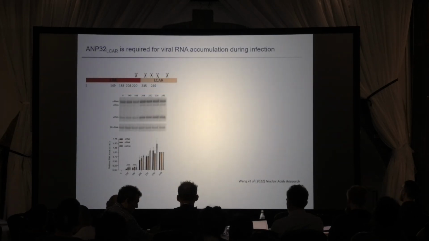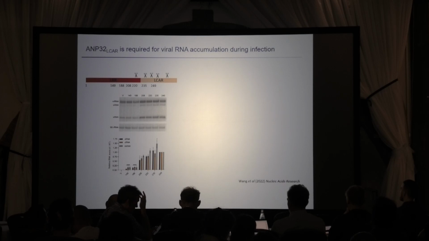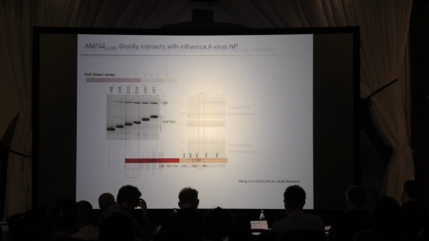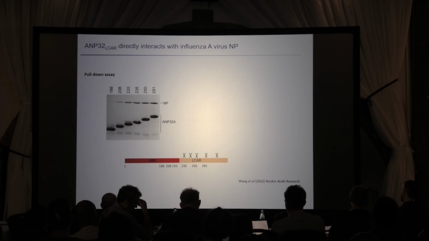What we also know is that this bit of LCAR is key for viral production. So when we truncate the LCAR, we lose RNA production. And we see this very clearly when we have longer pieces of RNA. Not only is it key for production of viral RNA, but when we truncate AMP32, we can see that, using a pull-down assay, we lose a direct interaction with the viral nuclear protein.